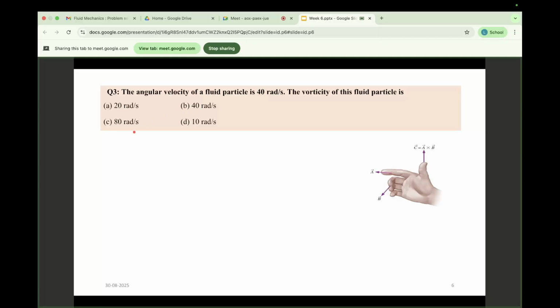First I am writing what we have studied. I represent this vorticity as omega. Again, we know velocity v equals angular velocity into radius vector, so I can write this as omega into r.